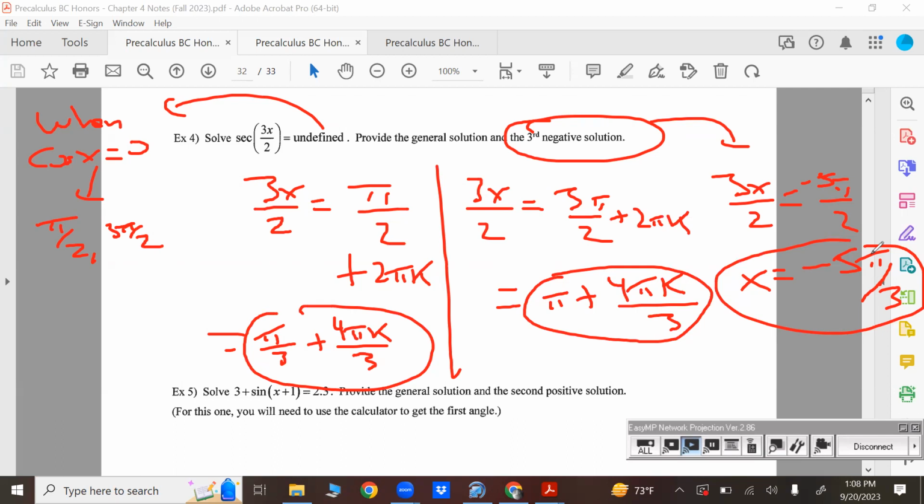Shouldn't the third negative be negative 5 pi over 2? Yeah, but 3x over 2 equals that. So theta, the third time this becomes undefined, is negative 5 pi over 2. Then you have to divide by 3, or multiply by 2/3. Exactly. Pretty good.